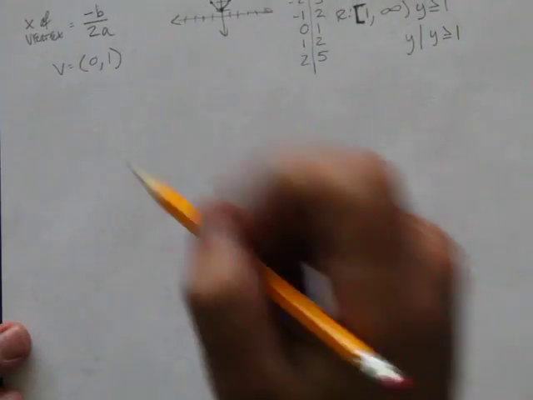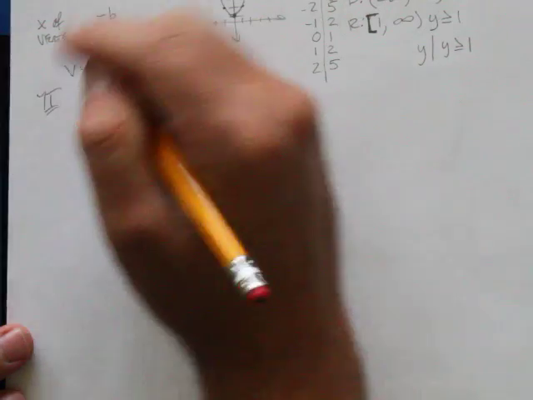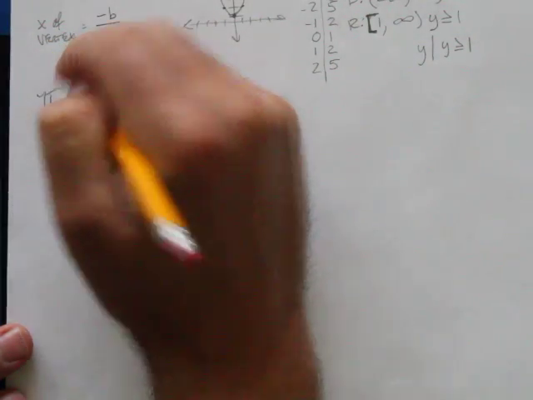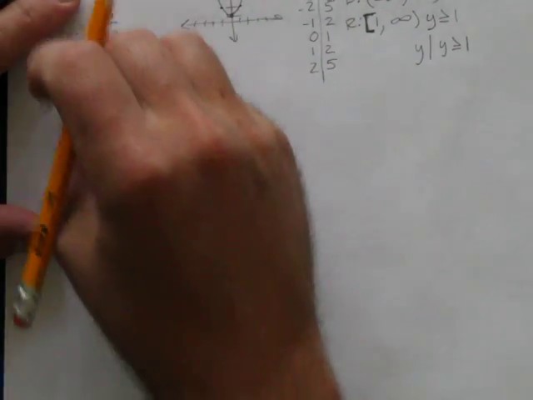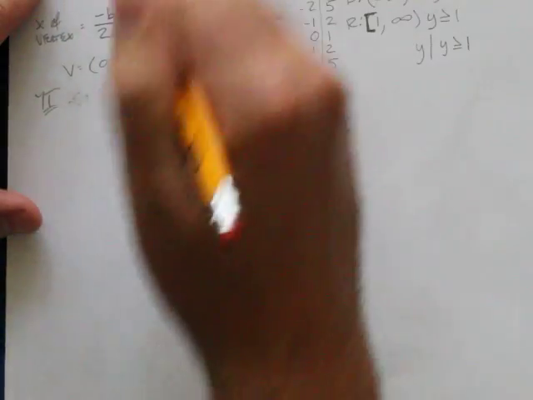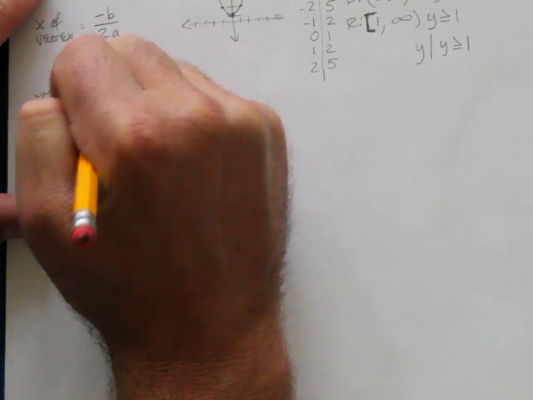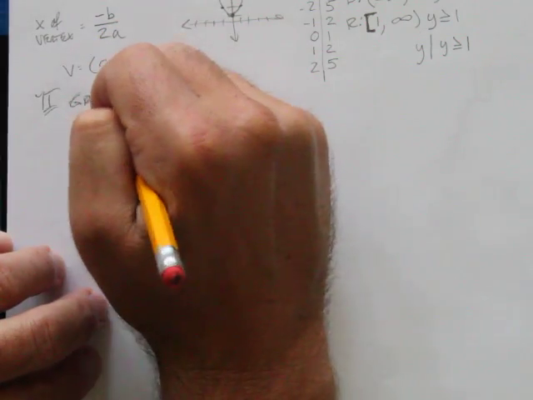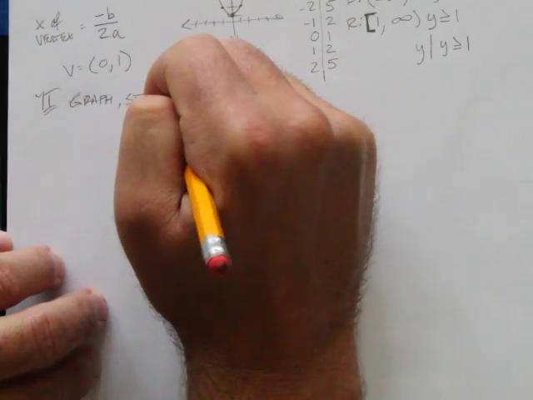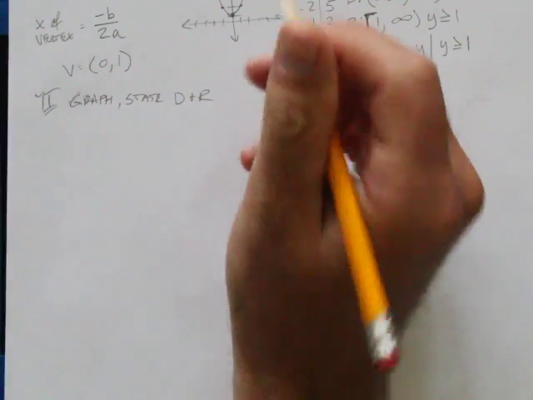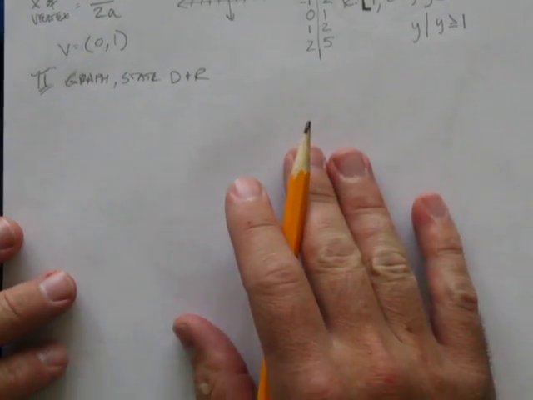Okay, you try. Graph this and then state the domain and range. I've got two things for you to graph.